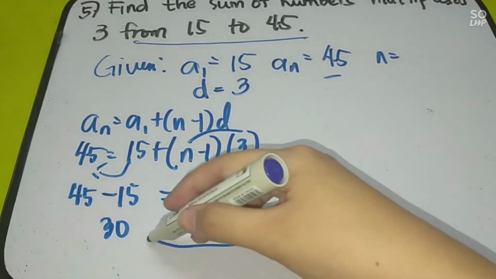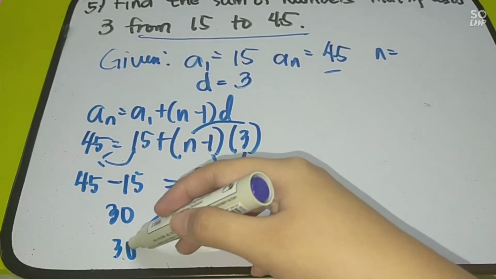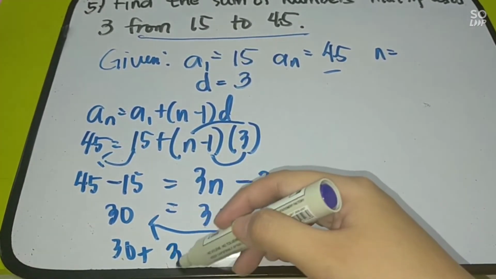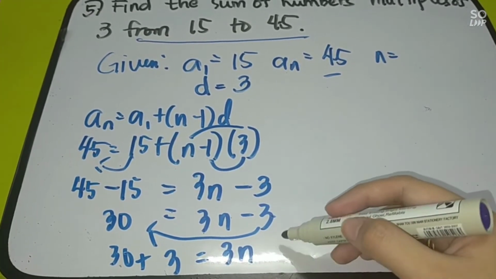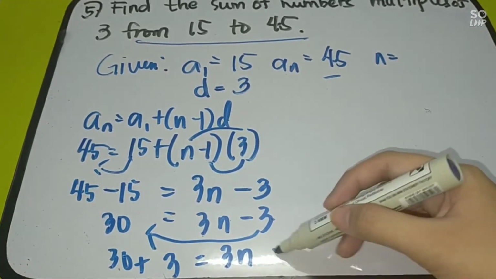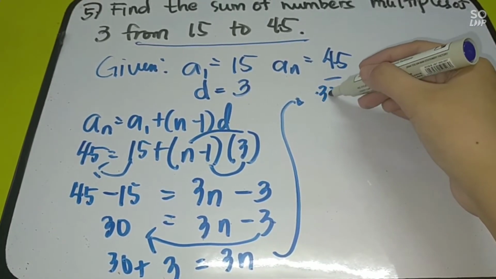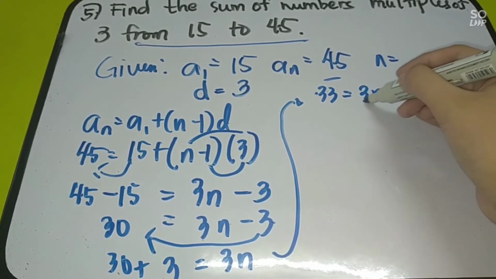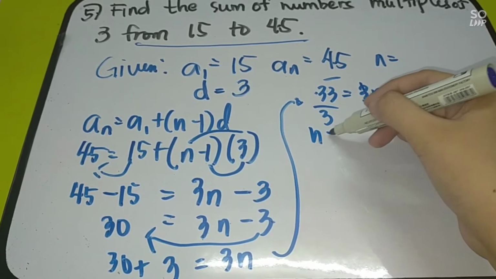Itong negative 3, transpose mo sa kabilang side, so negative becomes positive. So, that is 30 plus 3, equals to 3n. 30 plus 3, the answer is 33, equals to 3n. Then, divide both sides by 3. By 3, cancelled out. Your n is equals to 11.